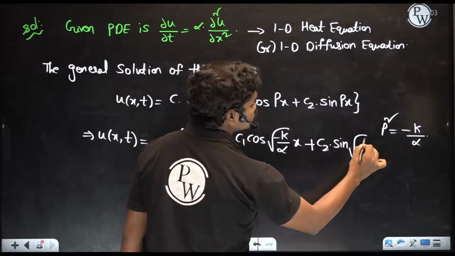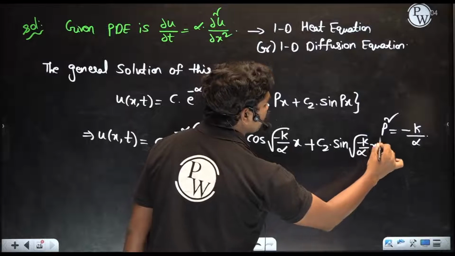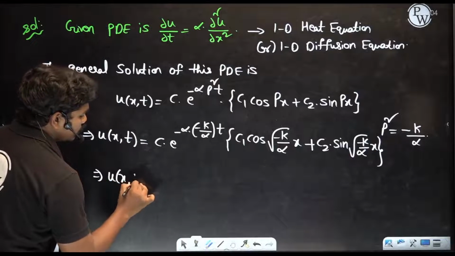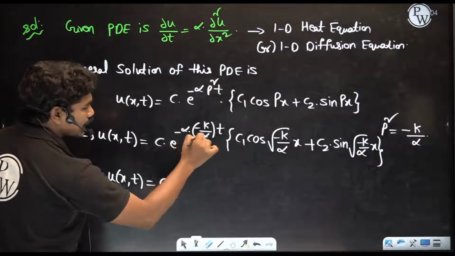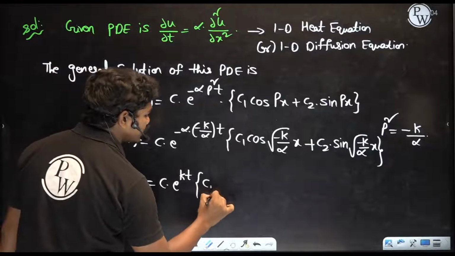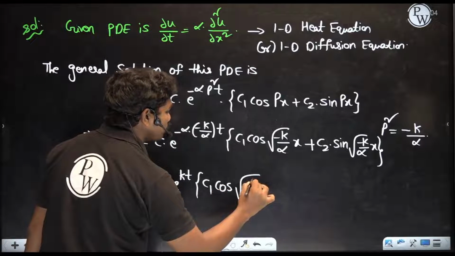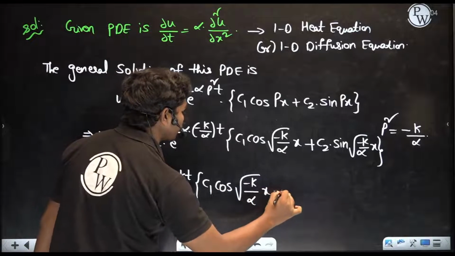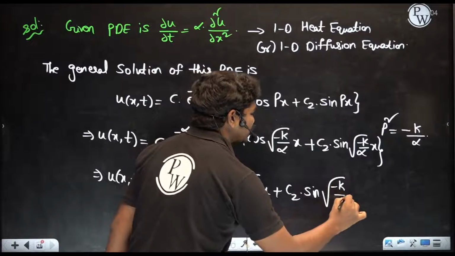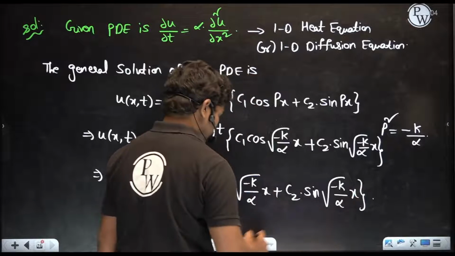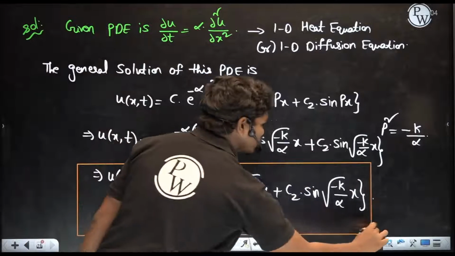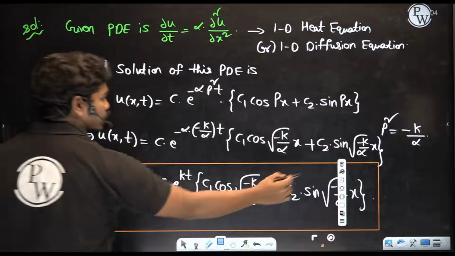If you simplify, c into, the minus minus gets cancelled, so e power kt times c1 cos root of minus k by alpha x plus c2 sin root of minus k by alpha times x. So this is the solution of this partial differential equation, okay?